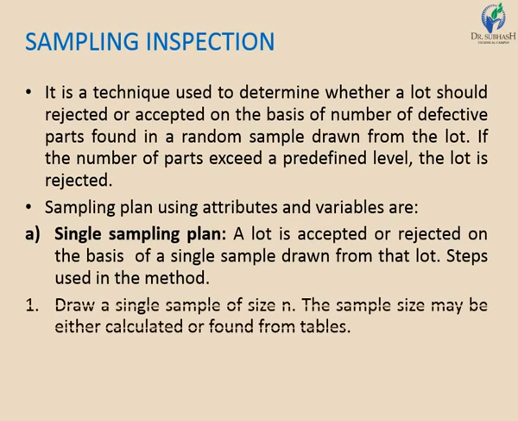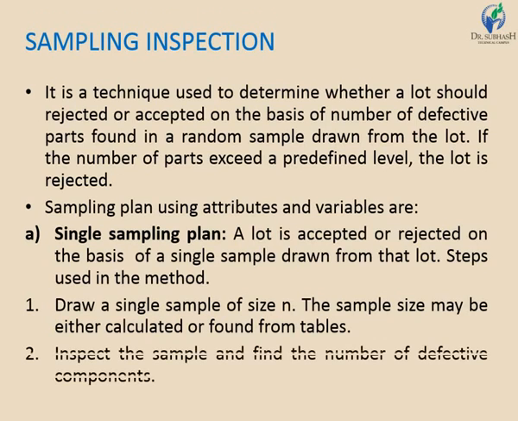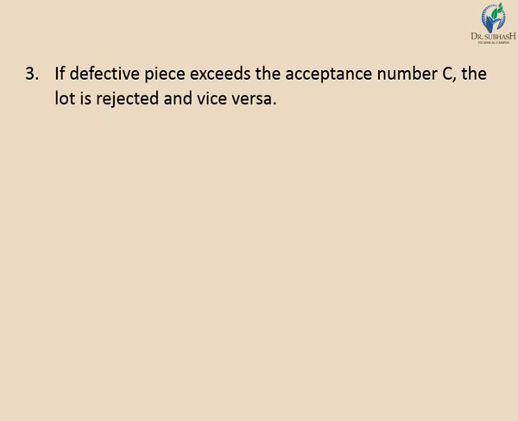The steps used in this method: draw a single sample of size n. The sample size may be either calculated or found from a table. Inspect the sample and find the number of defective components. If defective pieces exceed the acceptable number, suppose the acceptable number is 5, then the lot is rejected, and vice versa.